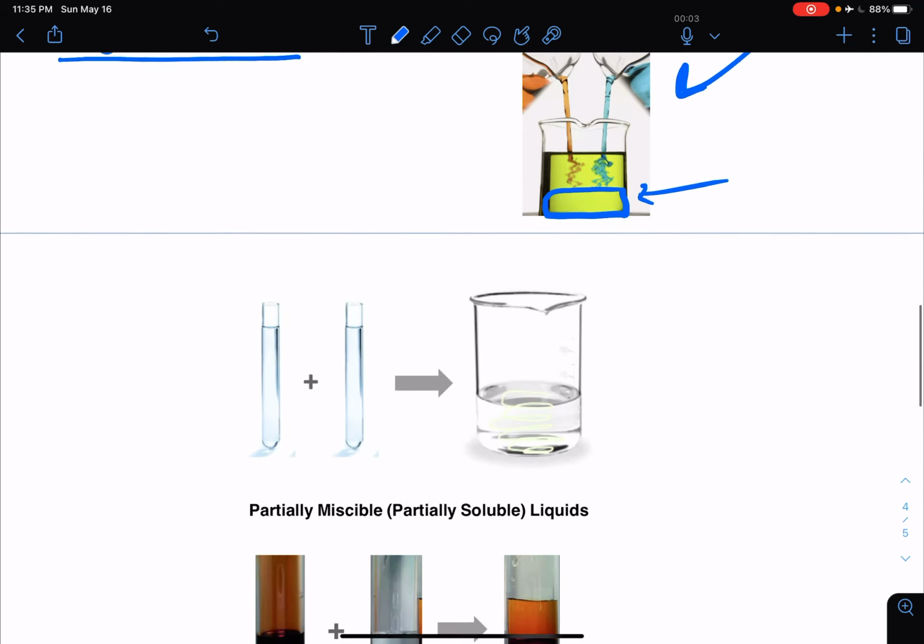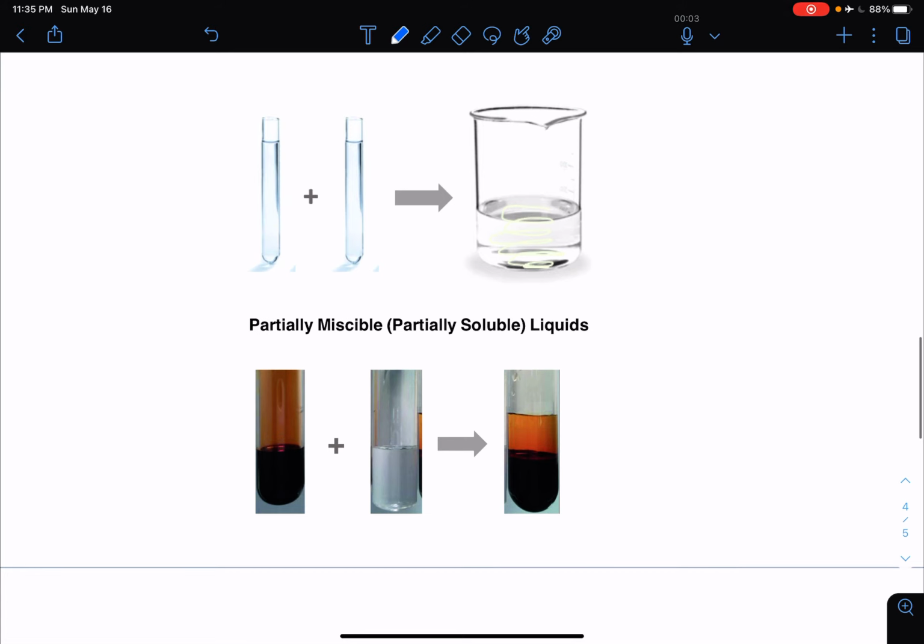And we have a couple of things that are partially miscible down here. And I'm going to do the bottom example first because that one is a little bit easier to see. So what we have here is bromine. Now, bromine is one of our liquid elements. Bromine, when it occurs in nature, actually comes in twos.